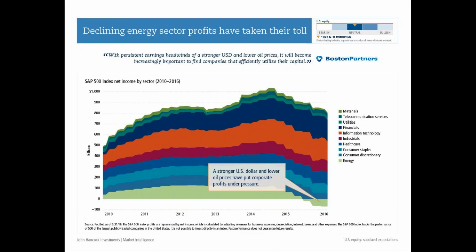And when oil tumbled, they really struggled. They couldn't cut costs quick enough, and they still have a lot of infrastructure, and they can't necessarily make their profits back to what they had. So energy companies are losing about $70 billion per year right now in aggregate.